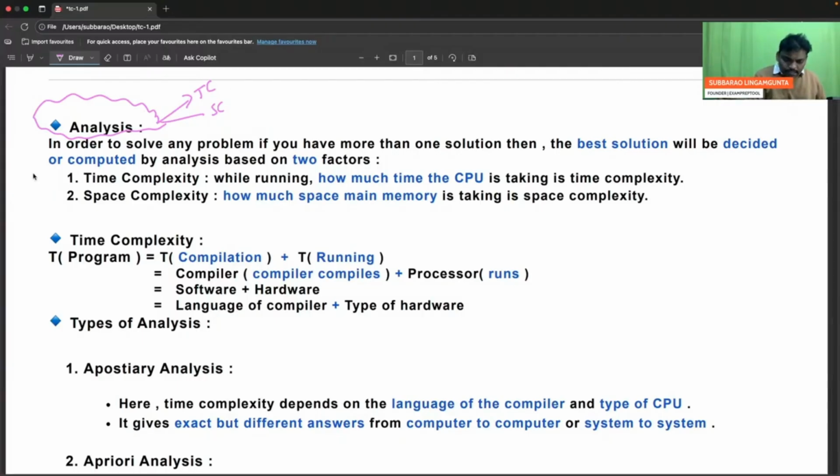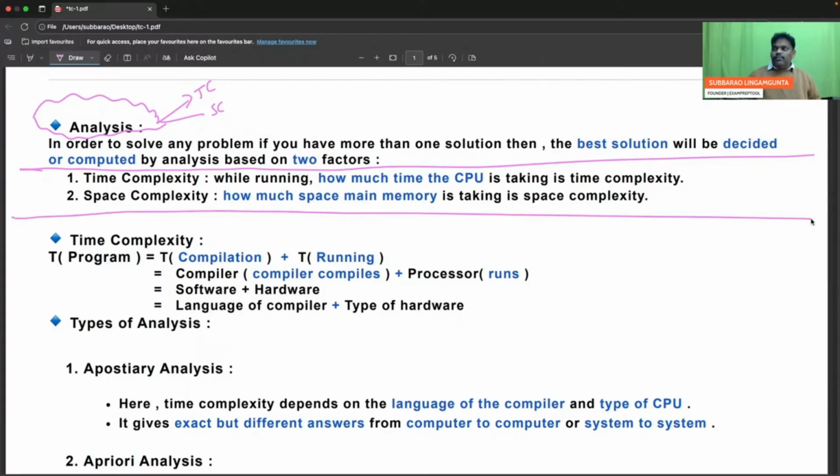Some people are asking, sir, what is time complexity? Can you see here? I will give these notes also. You will get the clarity. Based on these 2 factors, analysis will decide which is the best algorithm. What are the 2 things? Time complexity how much, space complexity how much. What is the meaning of time complexity? While running the program, how much time the CPU is taking, that is called time complexity.